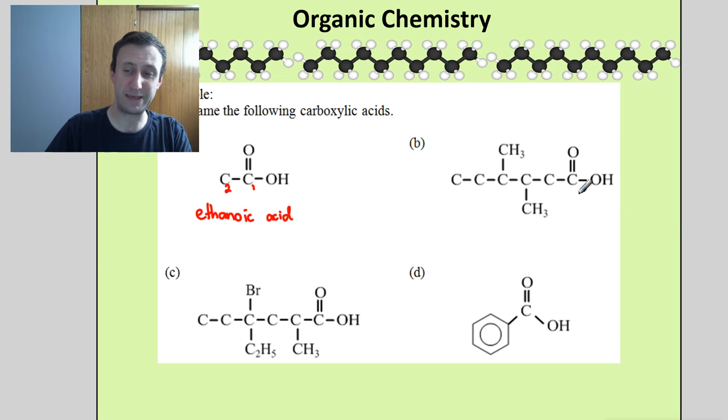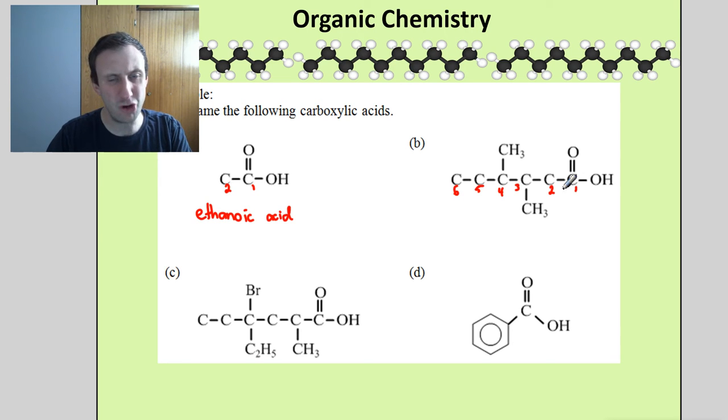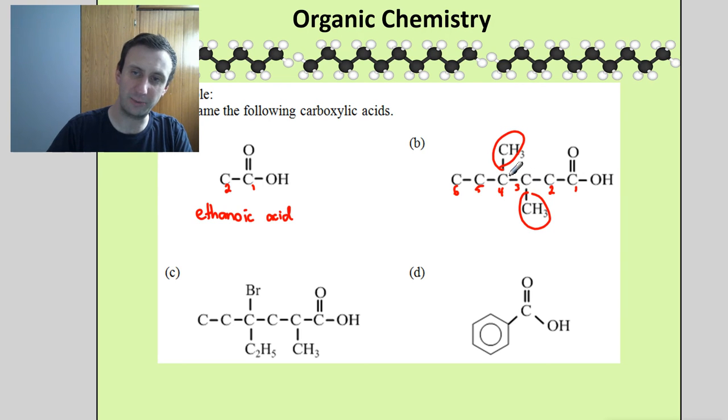Taking a look at B, this has 1, 2, 3, 4, 5, 6 carbons. So again, this is carbon number 1, which actually makes naming these almost easier than a lot of others, because you don't have to find the order to number it, and you know that the carboxyl group is always carbon number 1. So here I'm going right to left. For this, I have a methyl group on carbon 3 and carbon 4.